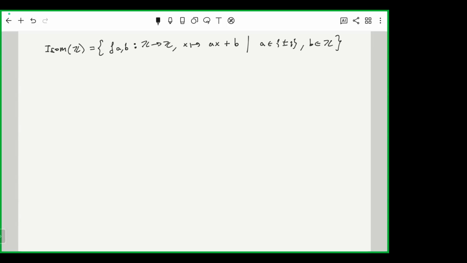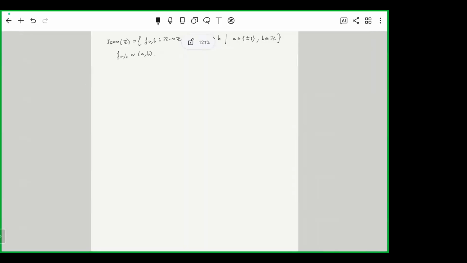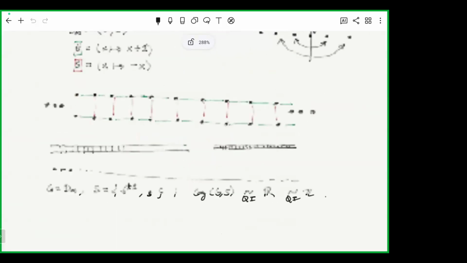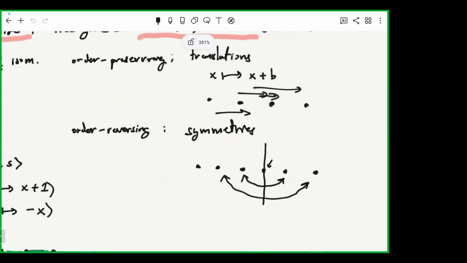Right, so I can identify every such map as a pair a, b. Let's see an example. I can put the identity wherever I want. Let's say this is the one.